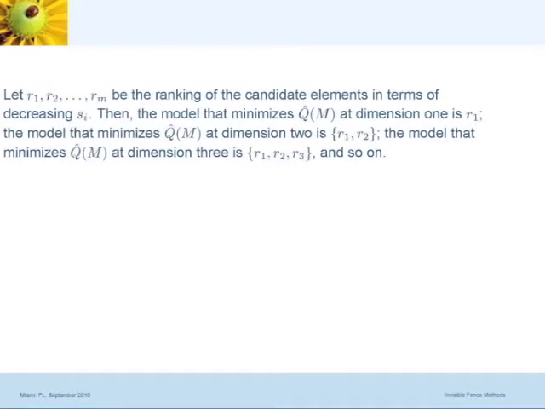Well, here's how. First, I rank those candidate elements in terms of decreasing SI. Remember, there's an SI corresponding to each candidate element. Suppose those candidate elements are gene sets. I have a gene set statistic, SI, corresponding to gene set I. I rank them in terms of decreasing SI.